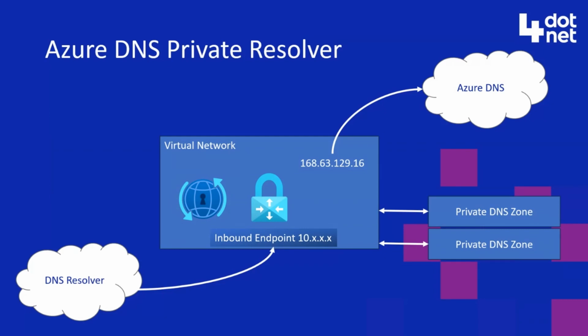It has a tentacle that lives inside your VNet. So now it will be able to resolve the internal IP address of the resource that I'm looking for. So instead of this 168 blah blah blah IP address, I get my internal IP address 10.x.x.x, which is the internal IP address in my VNet.